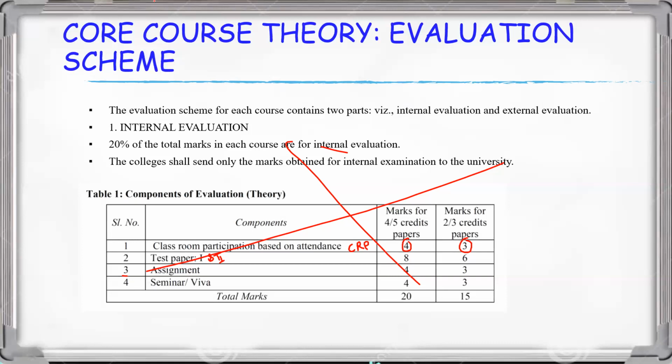For such students, the marks for that component must be less.